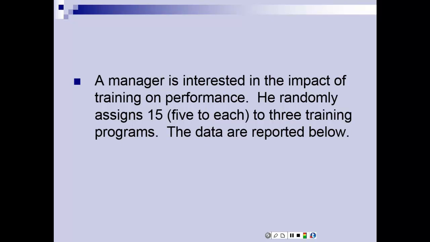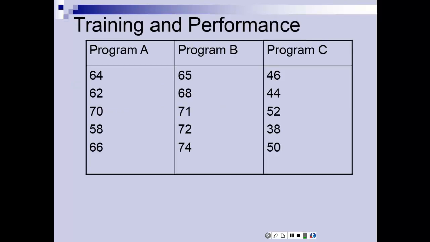We have 15 people. We assign 5 to each kind of training. Now in reality, you would obviously have more people than this, but we're going to work things out. Whether we entered numbers on a calculator or worked it out by hand, we don't want 50 numbers per group. So this is just to get you thinking about it.